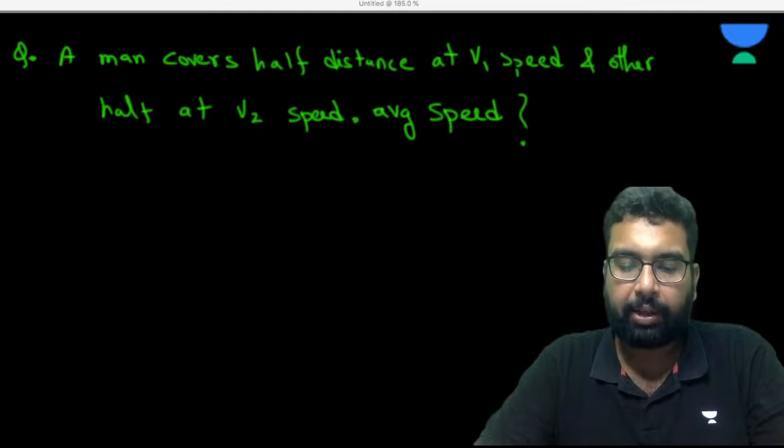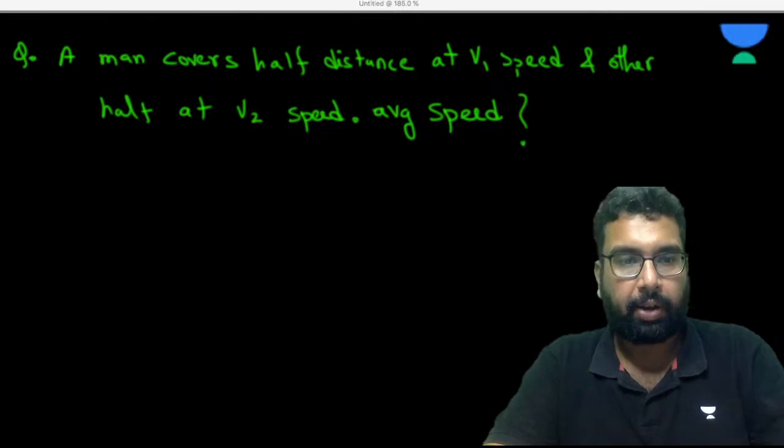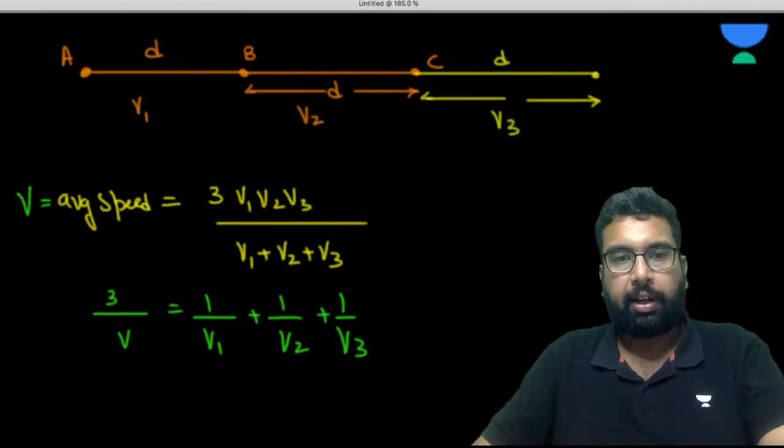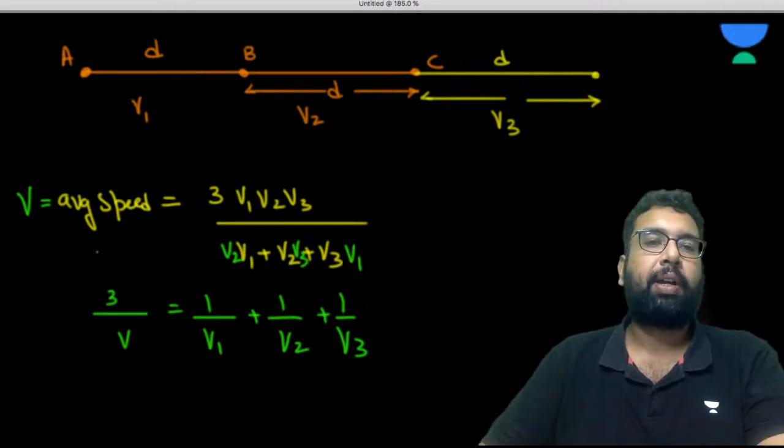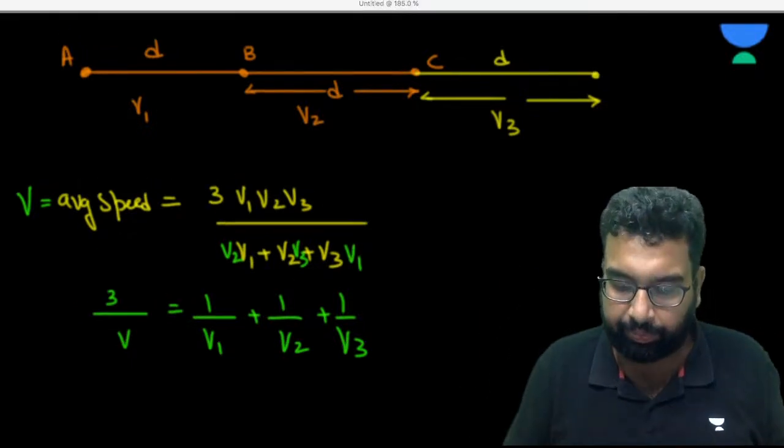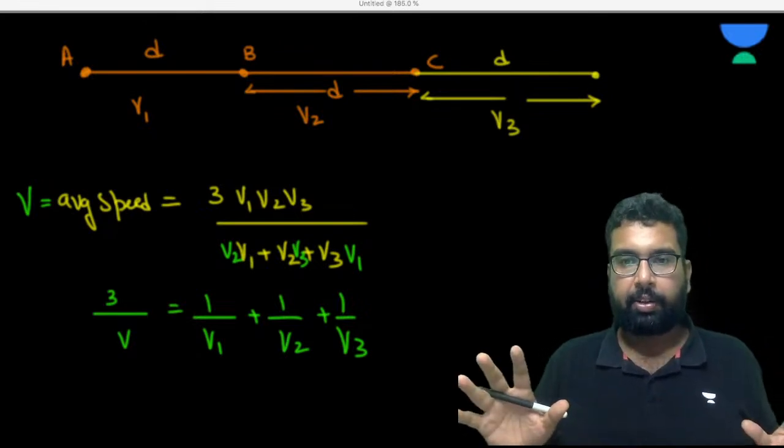Now, please try to answer it. You are right. Sorry, my bad. This is v2, v3, and this is going to be v3, v1. I just went with the flow. Thank you for correcting me, Shifai.